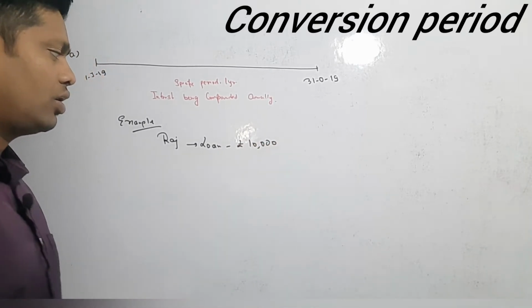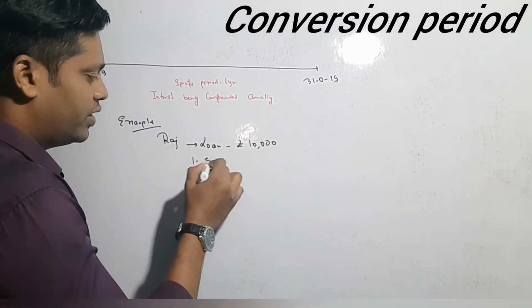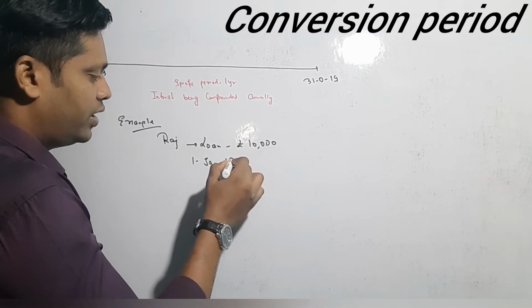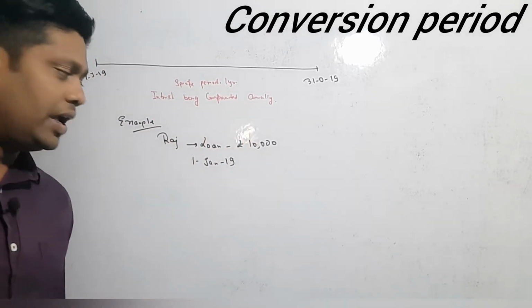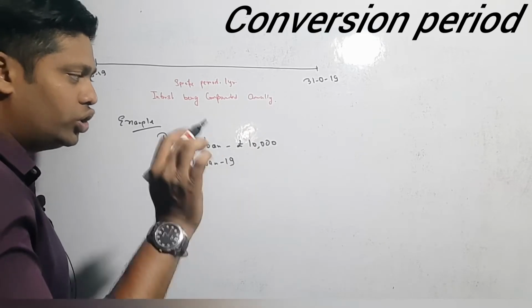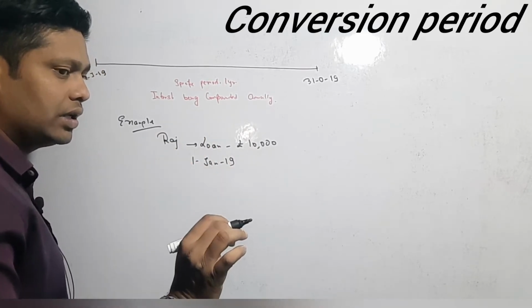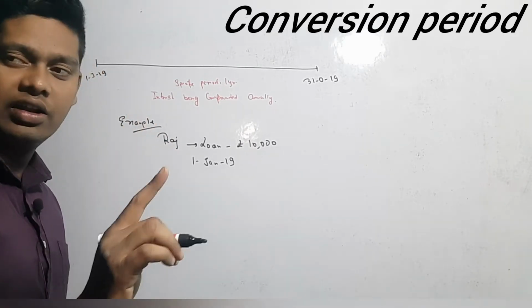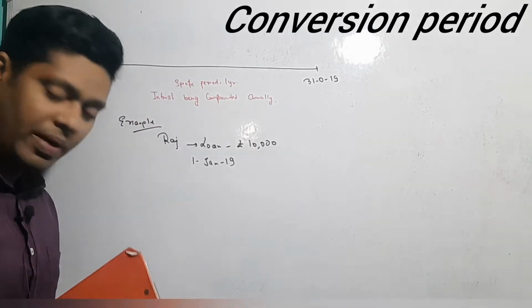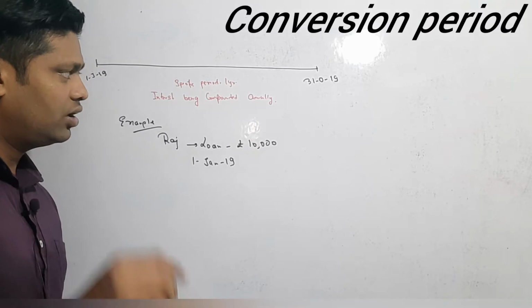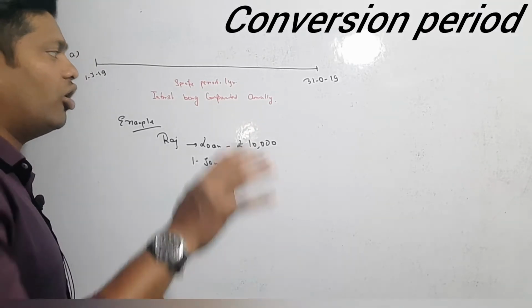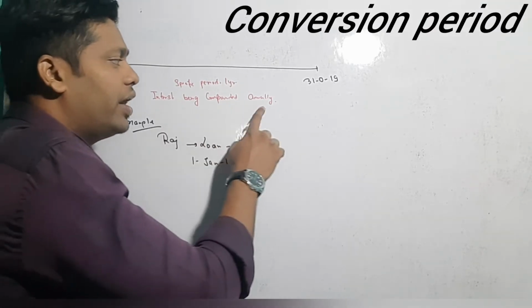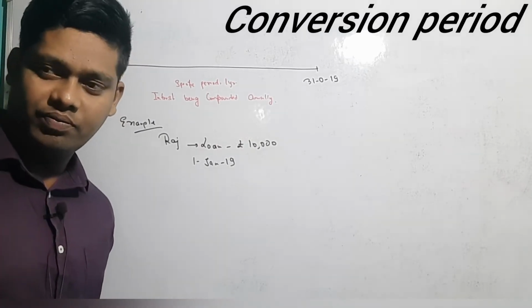On 1st January 2019, and the bank told him that he needs to pay the interest once in a year. Once a year means how many times will you pay the interest to the bank? One time. Once in a year, or interest being compounded annually, both are the same.